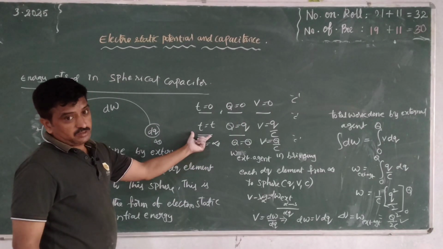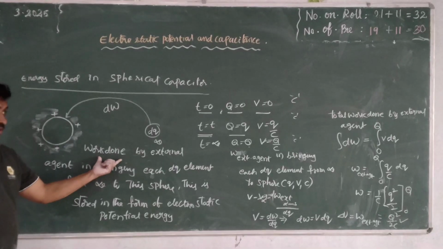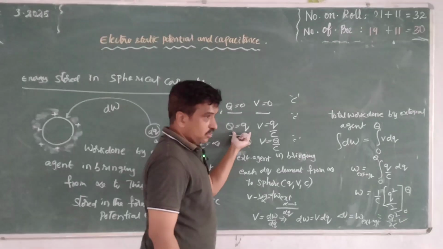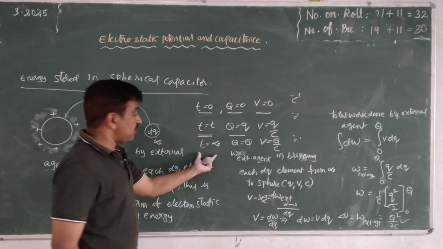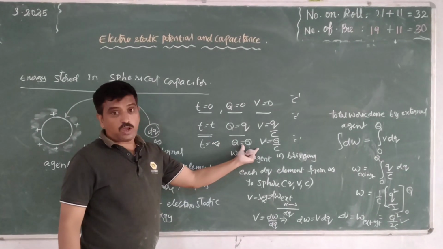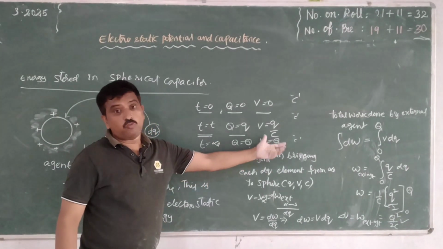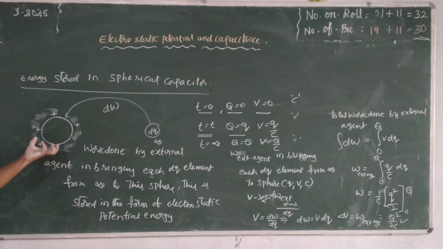After some time t, due to the external work done, the stored charge is small q and the potential is q by C. After infinite time, the charge is capital Q and the potential is Q by C. So the total charge is stored in the spherical capacitor by doing external work, and that work is stored in the form of energy, the electrostatic potential energy stored in the spherical capacitor.